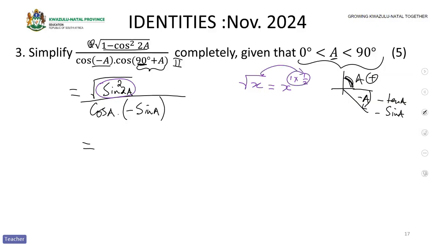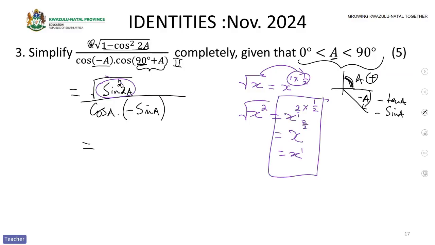In this case, if we have x squared, the square root of x squared means x to the power 2 times 1 over 2, which will be 2 over 2, which is x. What is 2 over 2? It's 1. So that's why mathematically we say this will multiplicatively cancel with this one. This is the process that the sum is following. So therefore, we will be left with what?